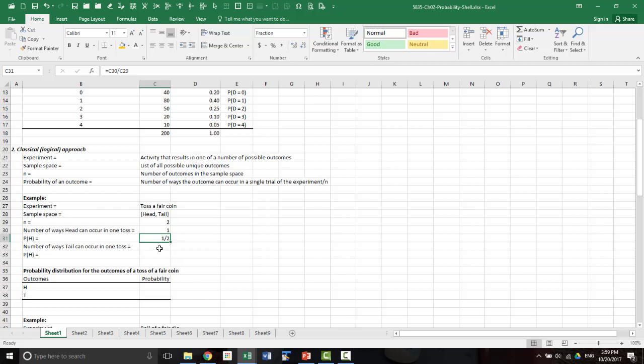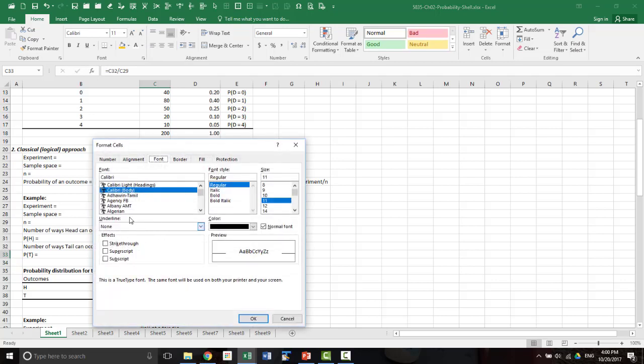And what is the number of ways in which tail can occur in one toss? Again, that is 1. So the probability of tail will be the same thing, 1 over n, and we can represent that as a fraction as well.